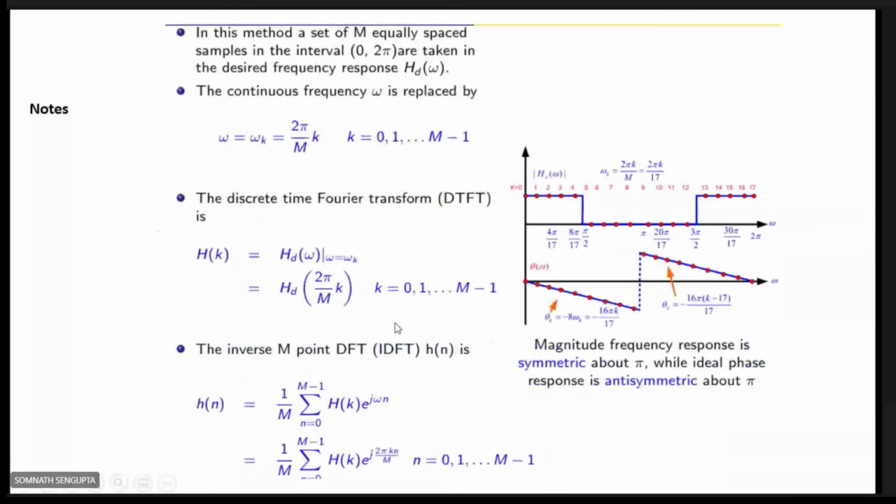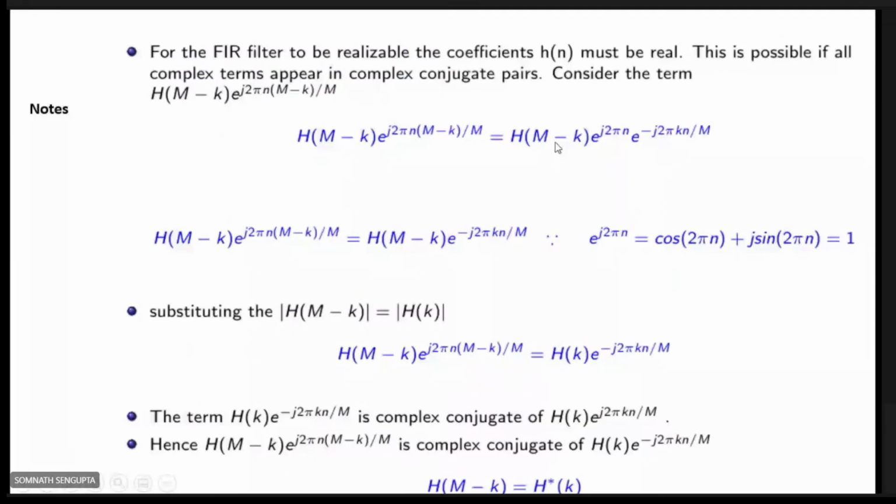If you split it, this is e to the power j 2 pi n times e to the power minus j 2 pi k n by m. So e to the power j 2 pi n is actually equal to 1. So this term h m minus k e to the power j 2 pi n m minus k by m is actually h m minus k e to the power minus j 2 pi k n by m.